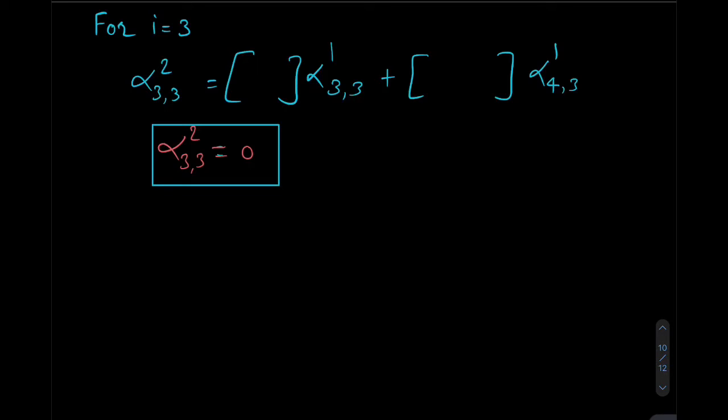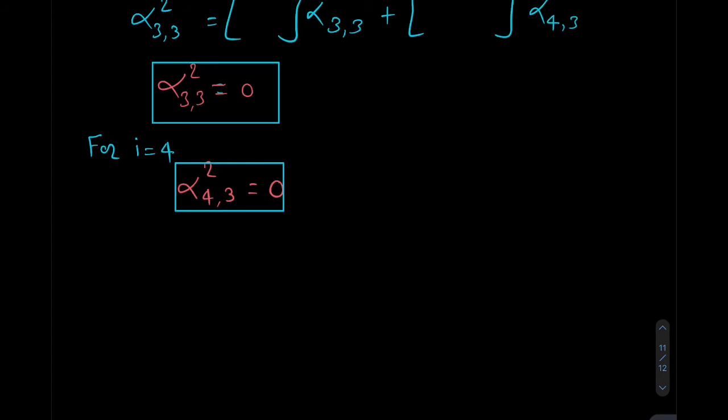Similarly for i equal to 4, straight away we can write, because it will have alpha 4 3 and alpha 5 3, which are already 0, so straight away 0. That was for j equal to 3. Now again increment j to 4.